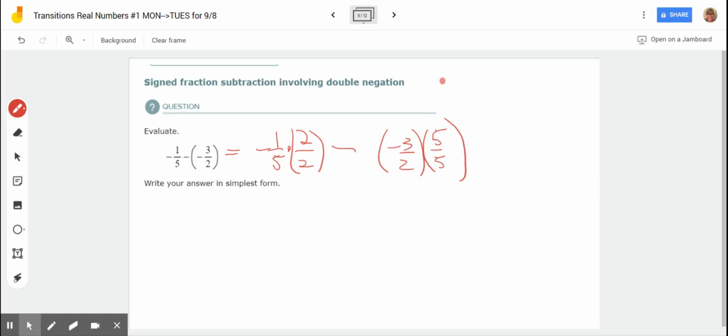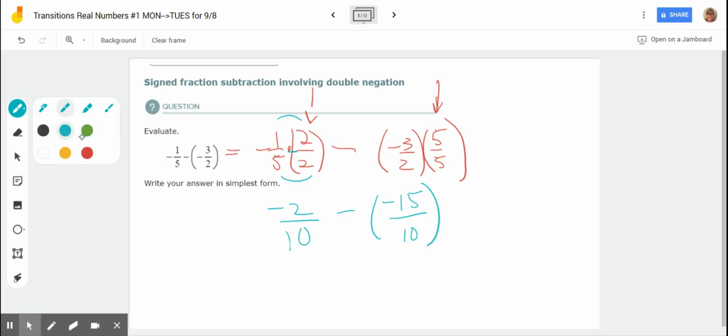I hope you guys appreciate that this is really just 1 in a fancy form to make it doable. So here we're going to multiply across on the top and on the bottom. Negative 2 over 10 minus, okay, negative times a positive is a negative 15 over 10.